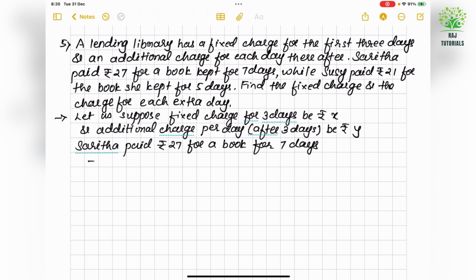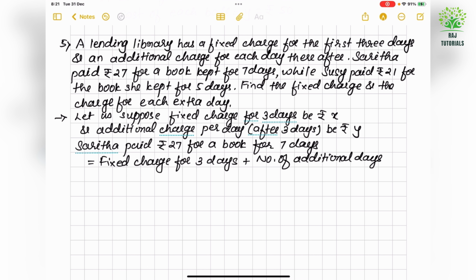So that will be the fixed charge for 3 days plus the number of additional days kept multiplied by the additional charge per day.